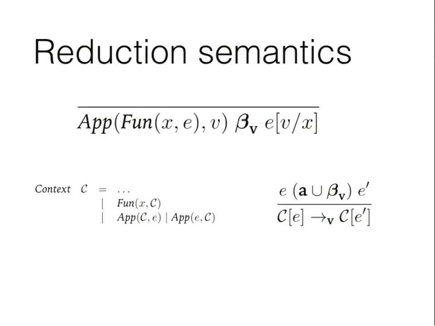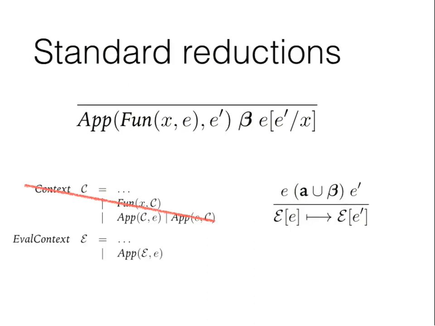If you want a call by value reduction semantics, well, then you restrict the beta axiom to talk about values, and you use that. If you want to talk about a standard strategy, well, then you want to talk about evaluation context and do a restricted set of the contexts in which you allow reduction.